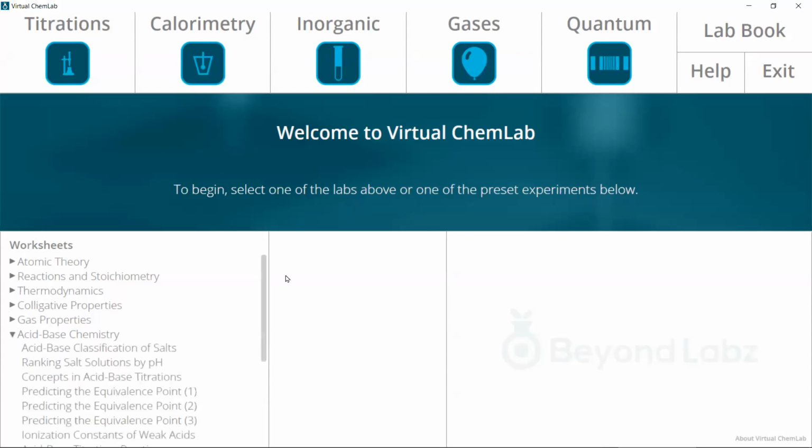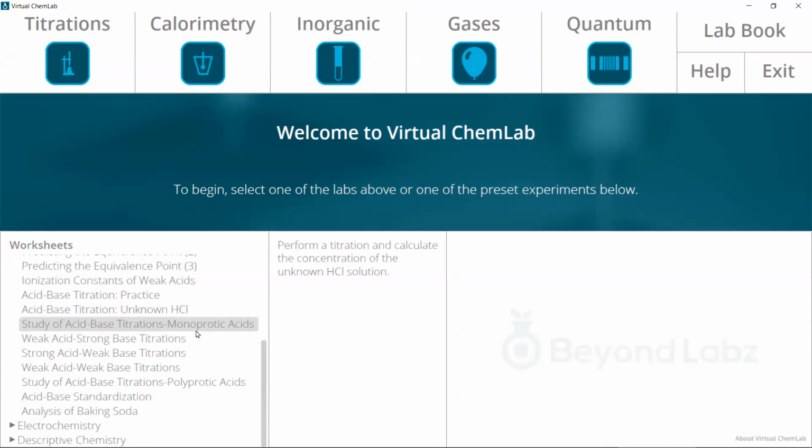Now scroll down to where it says acid-base standardization under the worksheets. You should see in the center here: determine the molarity of unknown solution of NaOH by titrating against a primary standard, potassium hydrogen phthalate, KHP.